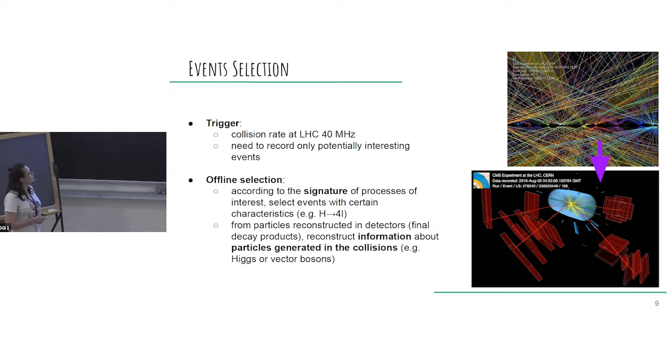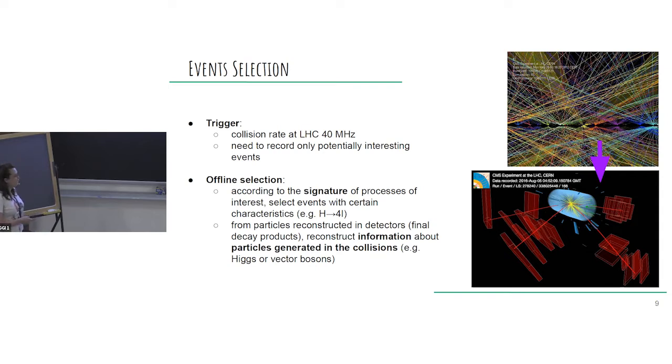This is a pile-up distribution inside the CMS experiment. So a very important part of the analysis selection is the trigger. That means we need to decide which are the potentially interesting events that we want to study.